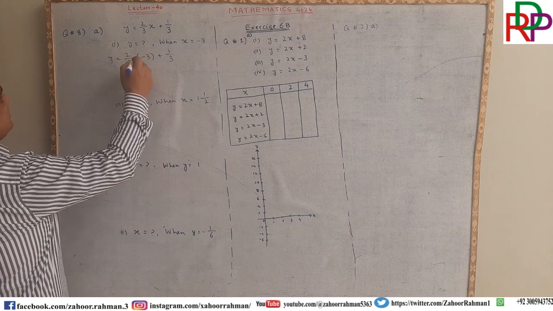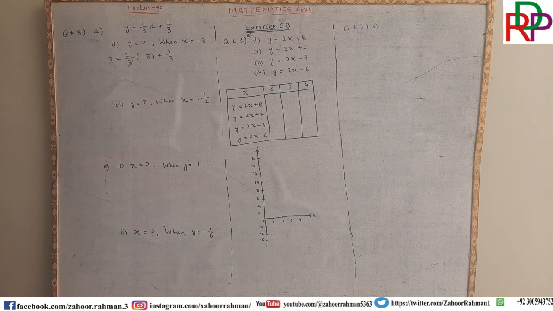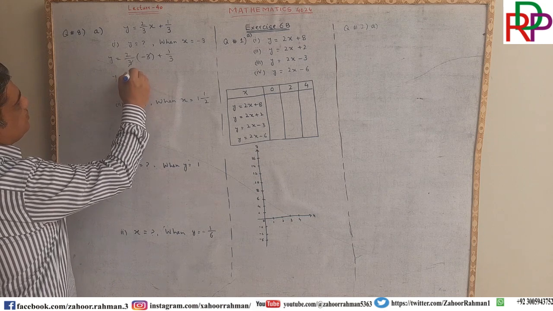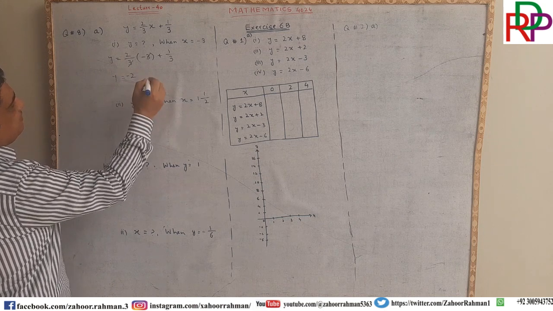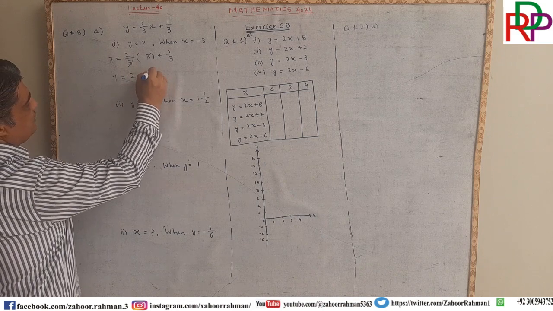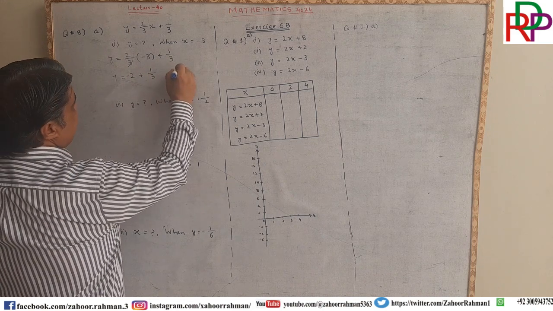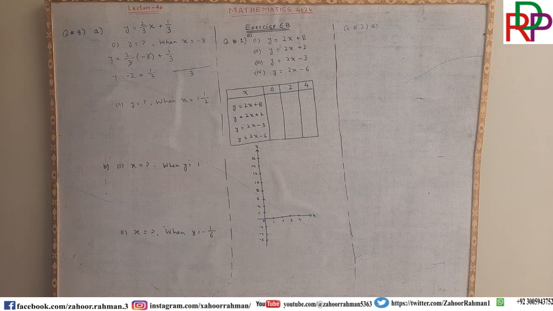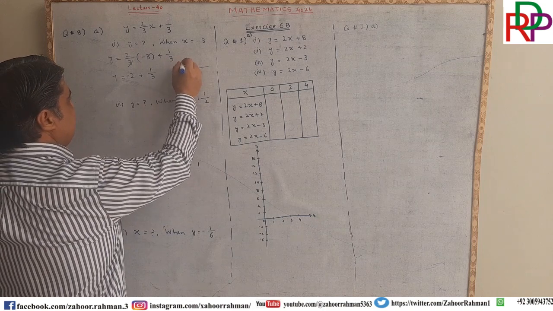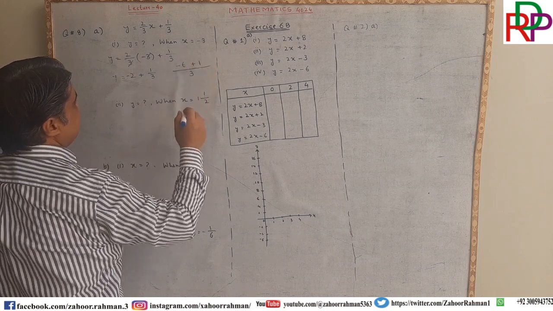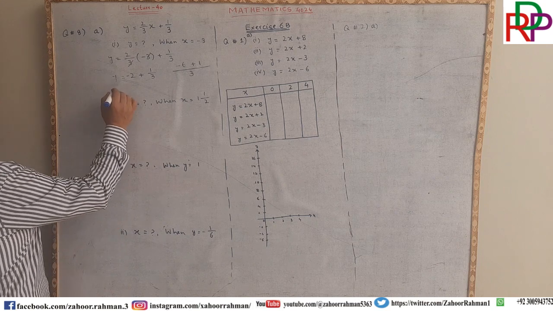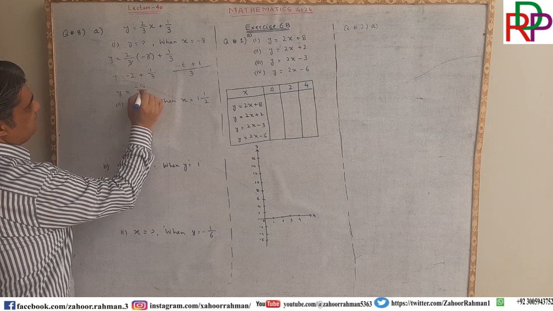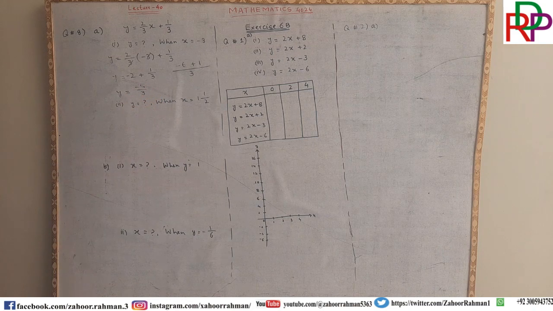Ladies and gentlemen, this 3 will be cancelled with this, and we will only be left with 2 with a negative symbol and plus 1 over 3. Here we are taking 3 as the LCM, and this will be minus 6 plus 1, and that will give you y is equal to minus 5 divided by 3.